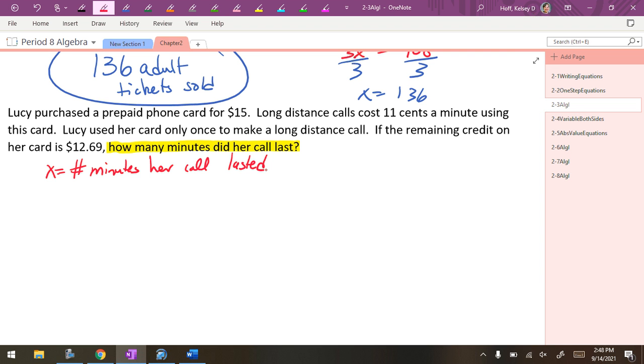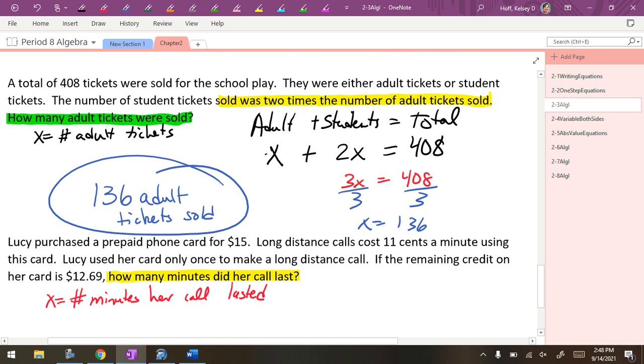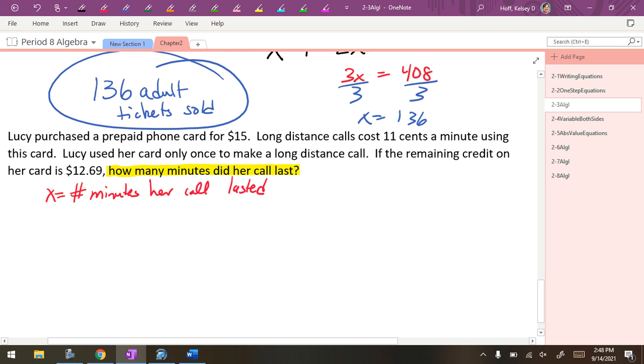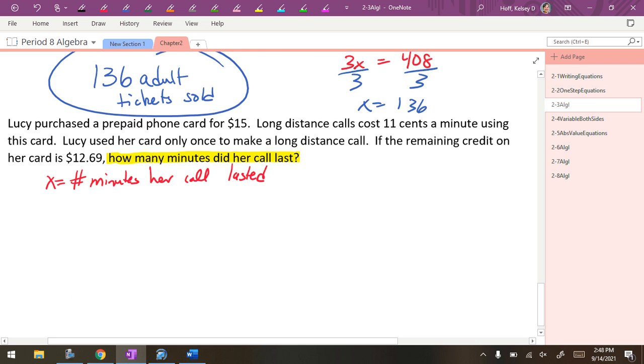Absolutely, positively no numbers. Words only. I want us to write the setup to an equation, just like we did up here where we said adults plus students gave us our total tickets. Somebody tell me in this problem, words only, what my equation could get set up to be.